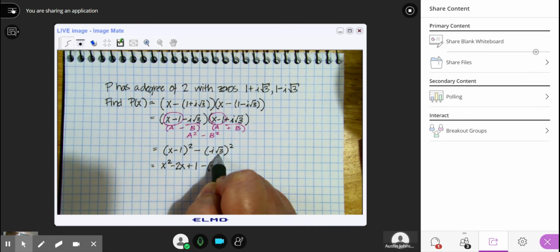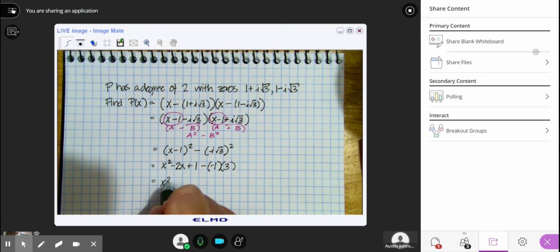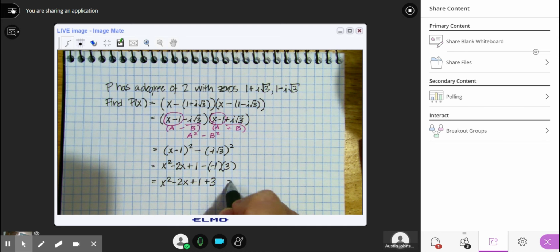And when I square a square root of 3, so if you can see the patterning, it goes a little bit faster, at least for me.